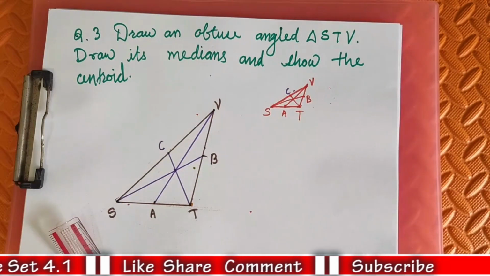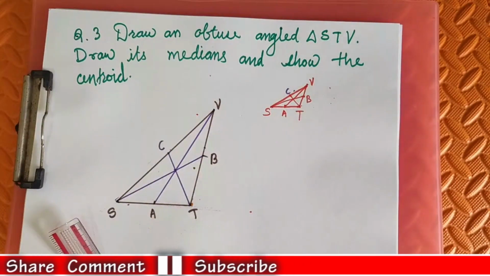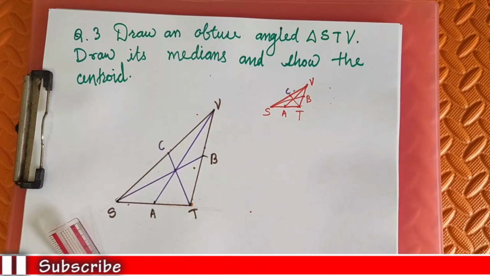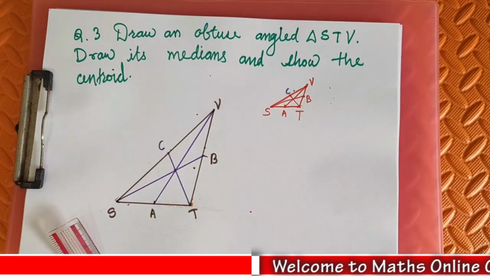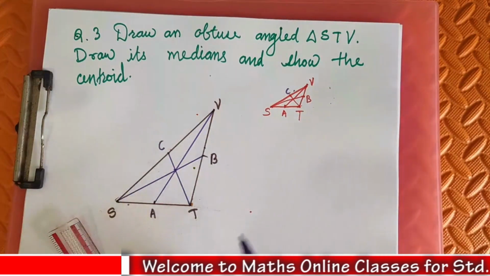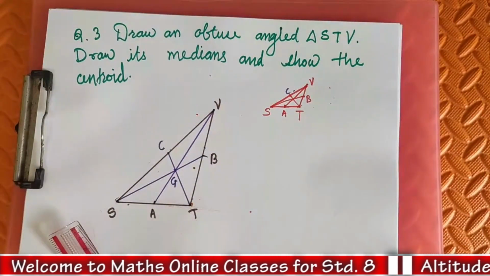They have also asked to show the centroid. Now tell me, type it in the chat box. Centroid is shown by which letter? Correct. Shruti, Pushkar, Aksa, others are typing correct. Orthocenter is denoted by O, but here centroid is denoted by letter G. Those who are typing G, their answer is correct.